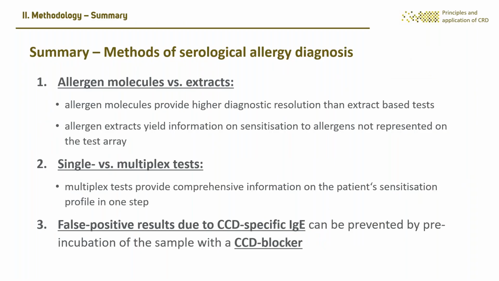So with this, I want to end and sum up very briefly. I hope I could explain why the use of allergen molecules ultimately is preferable compared to extracts whenever a sufficient panel of allergen molecules is available.